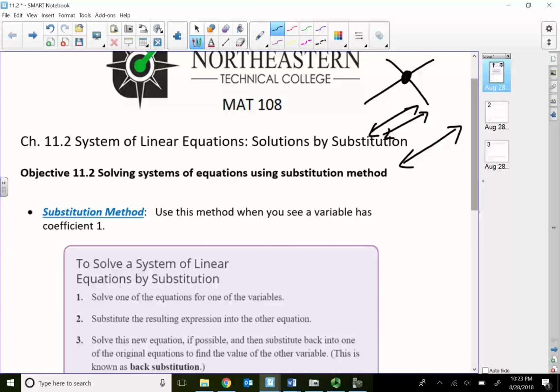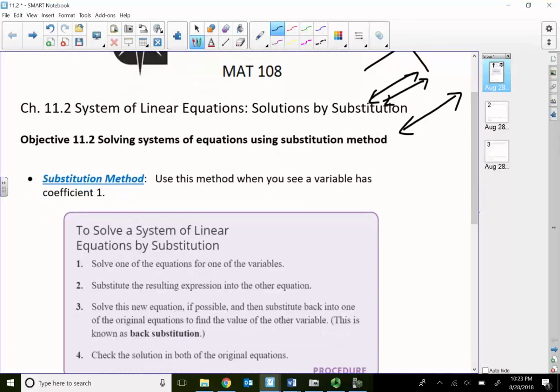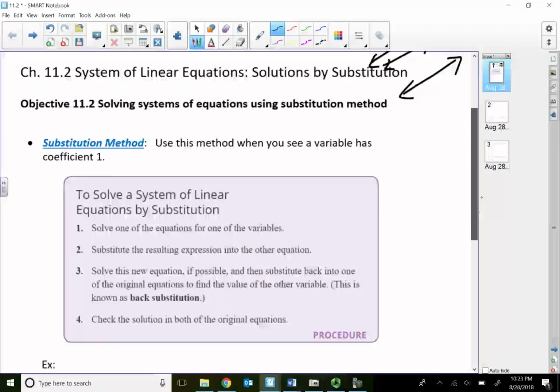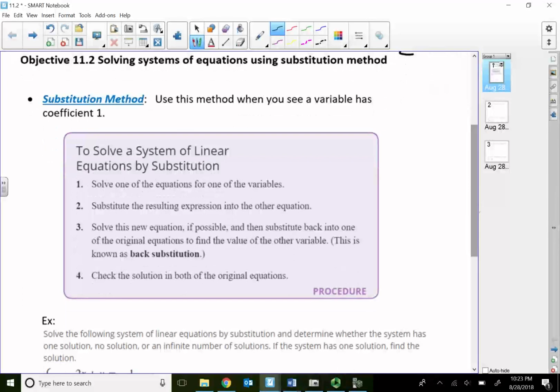So the substitution method is one of my favorite methods when it comes to solving systems of linear equations. I always use this method when I see one variable out of the four has a coefficient of 1. So the overall steps: number one, solve one of the equations for one variable first, and the variable that you're solving for has a coefficient of 1, because that will avoid ending up with a bunch of fractions.